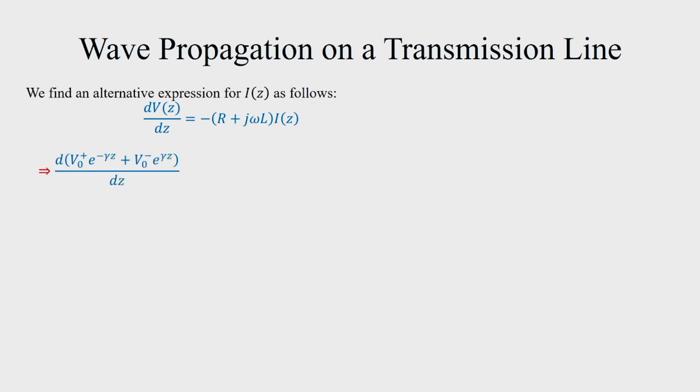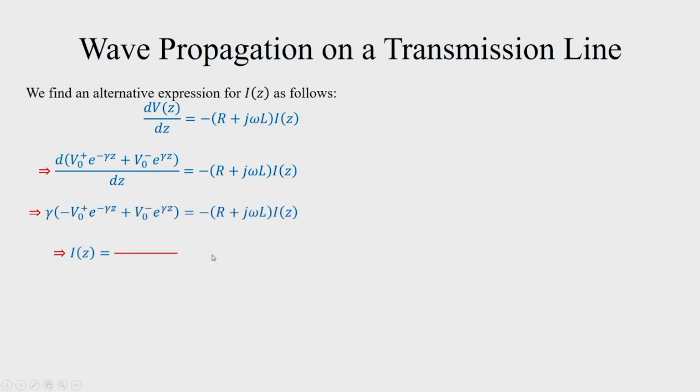If we substitute the equation for V(z) and rearrange the terms, then we get I(z) is equal to gamma divided by (R plus j omega L) times [V naught plus e to the power minus gamma z minus V naught minus e to the power gamma z].